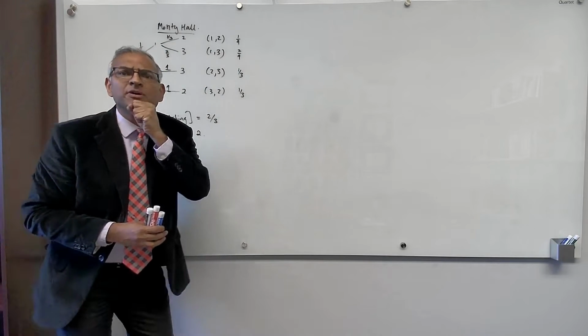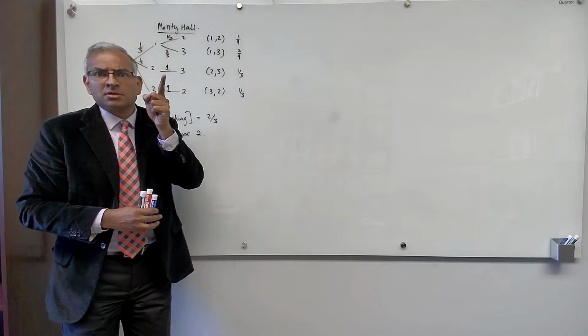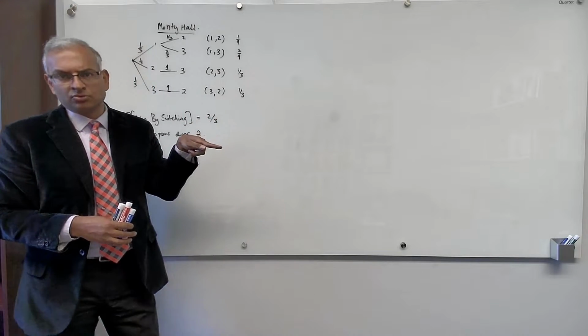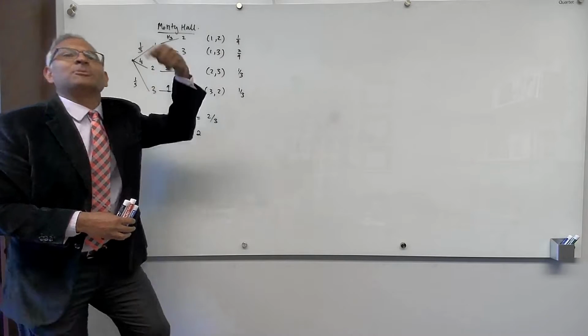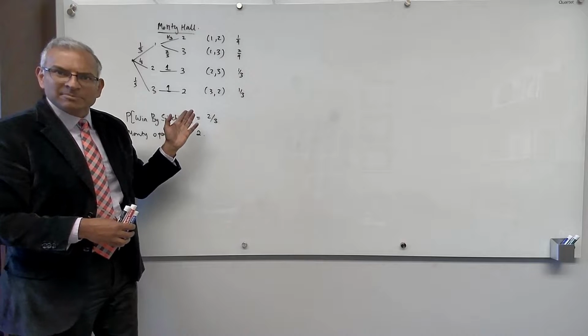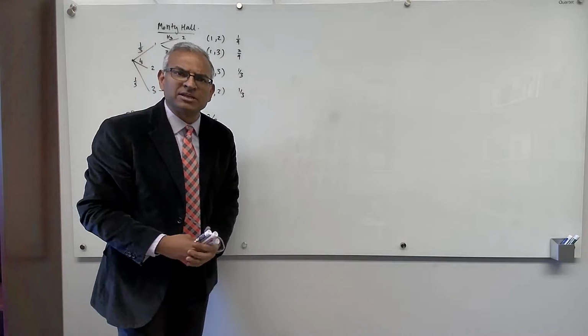So why did he open door 2? He opened door 2 probably because he couldn't open door 3. Why wouldn't he be able to open door 3? He wouldn't be able to open door 3 if the prize was behind door 3. So he opened door 2 likely because he would have rather opened door 3, but the prize was there. So you should be jumping up and down for joy.